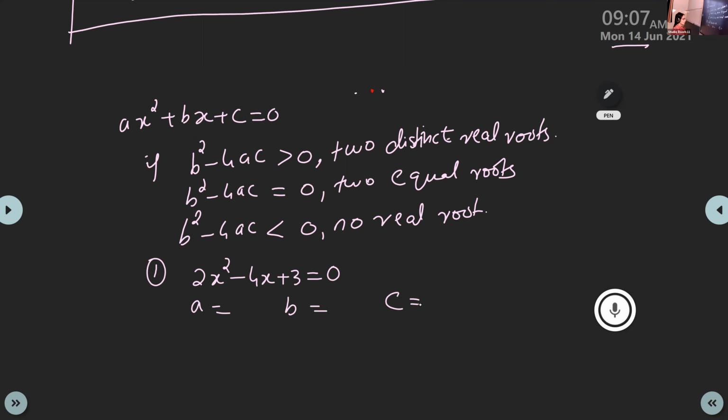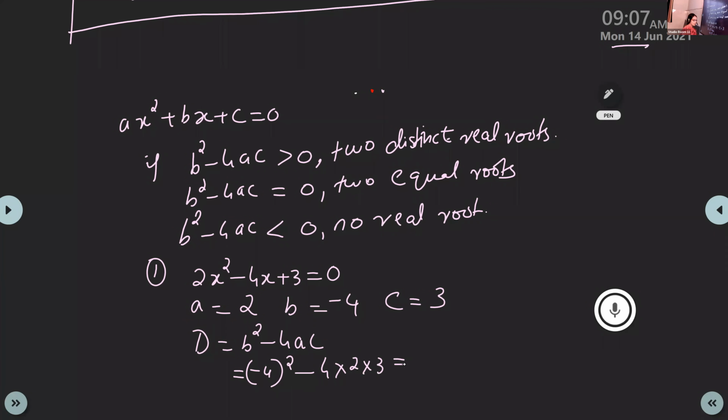A equal to 2, b equal to -4, c equal to 3. Okay, find D or b square minus 4ac discriminant. D equal to b square minus 4ac equal to (-4) whole square minus 4 into 2 into 3 equal to what? Find.